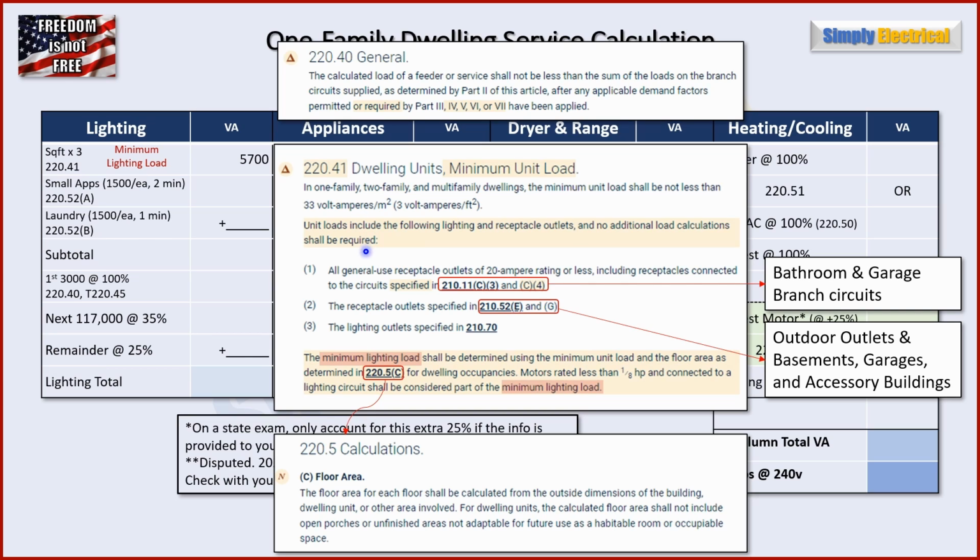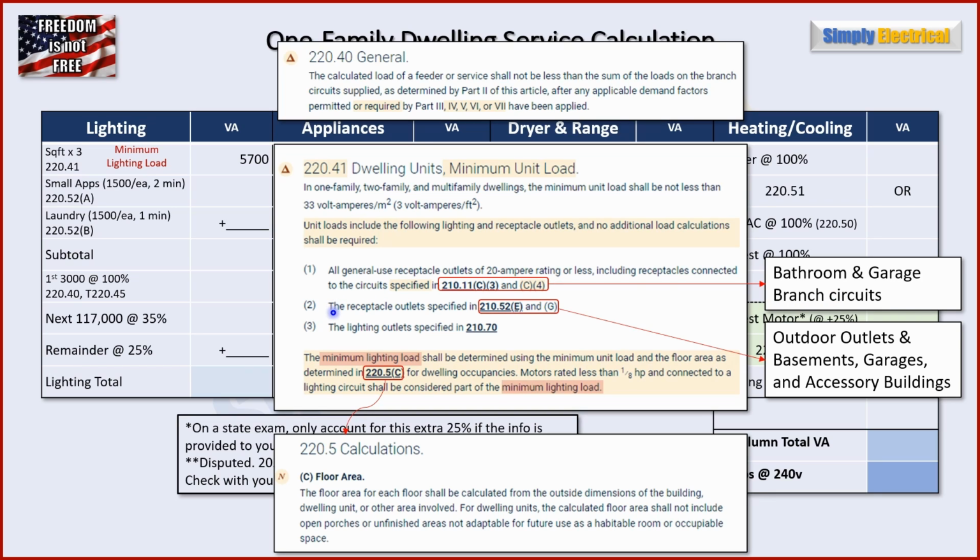All right, so it's going to tell us here with 1, 2, and 3 what the unit loads are. All general use receptacle outlets of 20 amperes rating or less, including receptacles connected to the circuits specified in 210.11(C)(3) and (C)(4). Those are talking about bathroom and garage branch circuits. You can look that up in your code book.